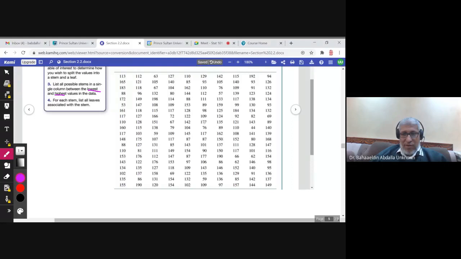Maybe the smallest is 44, and if you can see a number greater than 190, this is okay, here 198. If we say that the minimum is 44 and the maximum is 198, it is called stem and leaf.